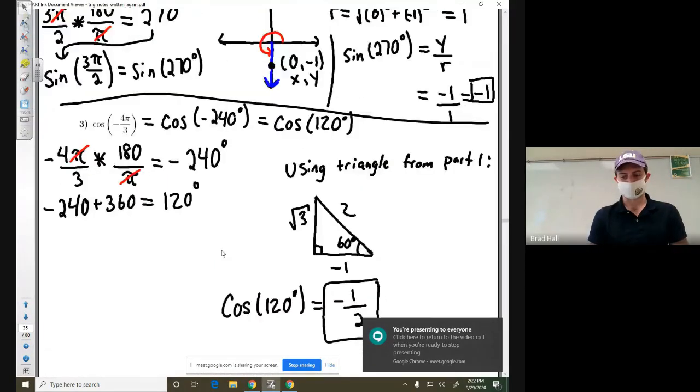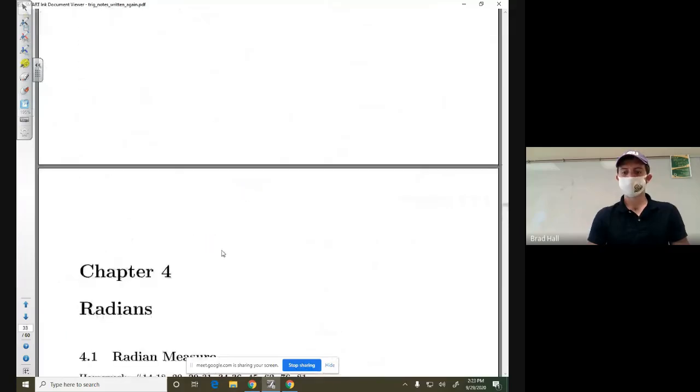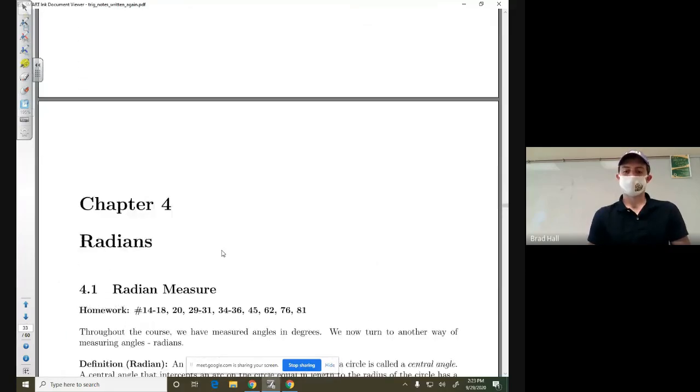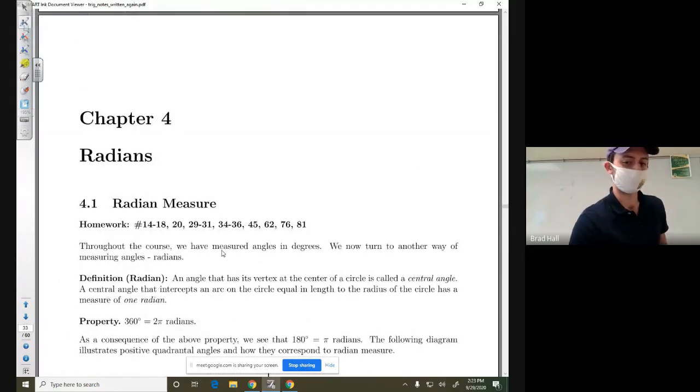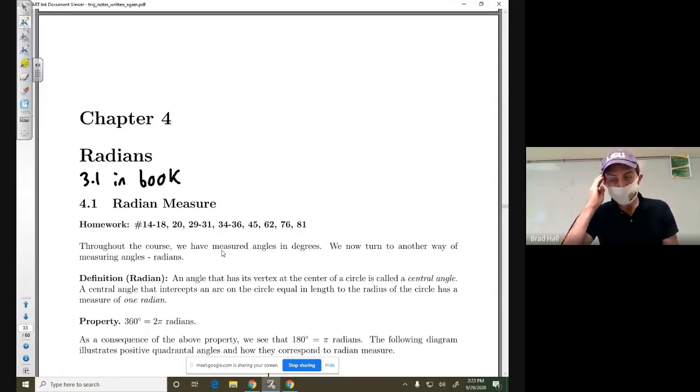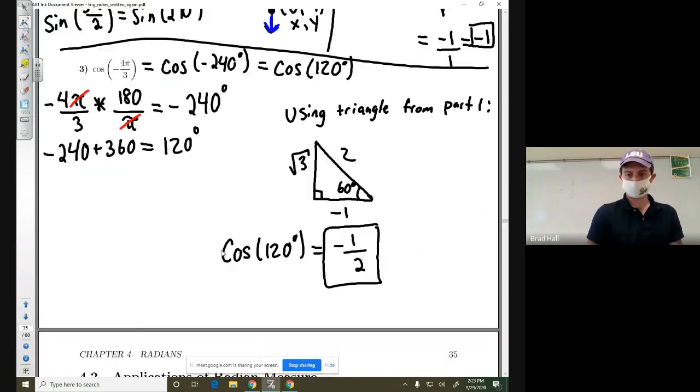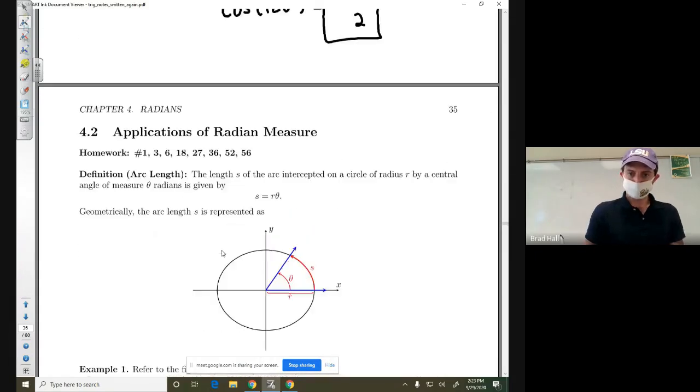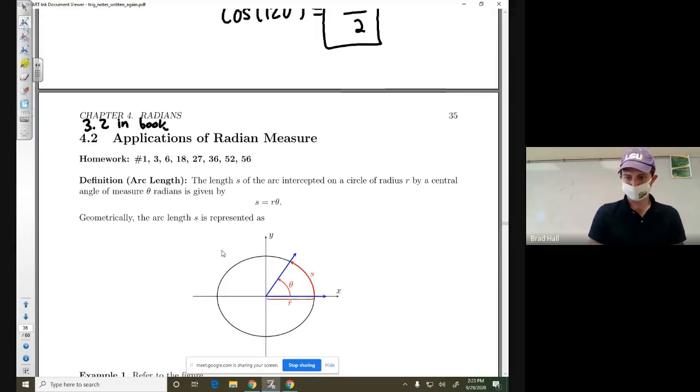And just to emphasize, keep in mind this is 3.1 in the book, and the next section is 3.2 in the book. So radian measure is 3.1 in the book. The next one is 3.2 in the book, which we'll get to momentarily.